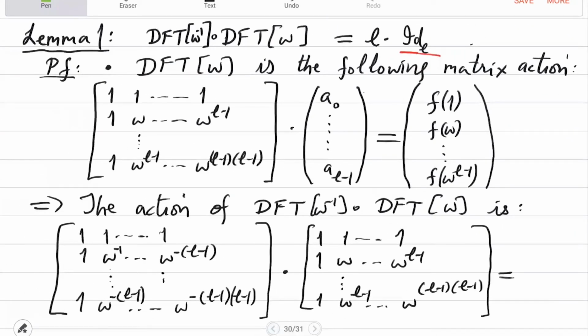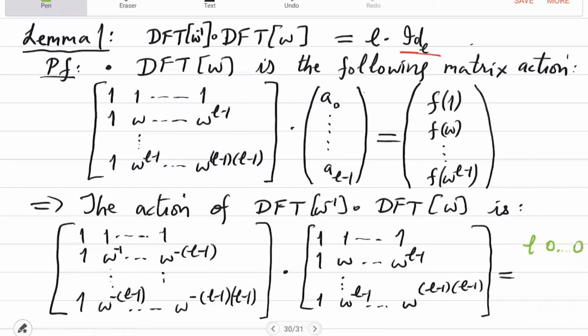Okay, so once you complete that, at least the first row has been handled, right? So the first row you saw is L followed by zeros. What about the second row? So the second row is 1, omega inverse, up to omega inverse to the L minus 1.